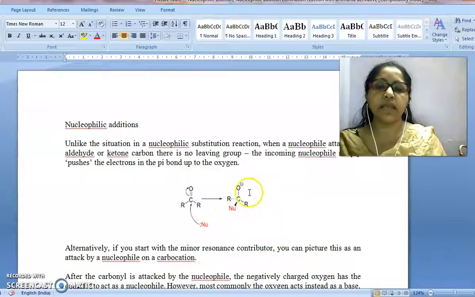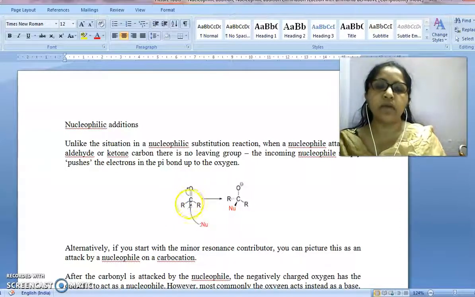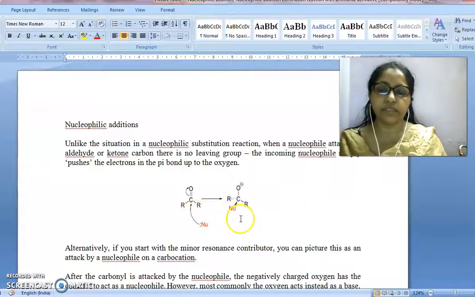This is what is a nucleophilic addition reaction, where an unsaturated compound, unsaturated means there should be a pi bond, is finally converted to sigma bonds. So therefore unsaturated to saturated. So this is what is nucleophilic addition.